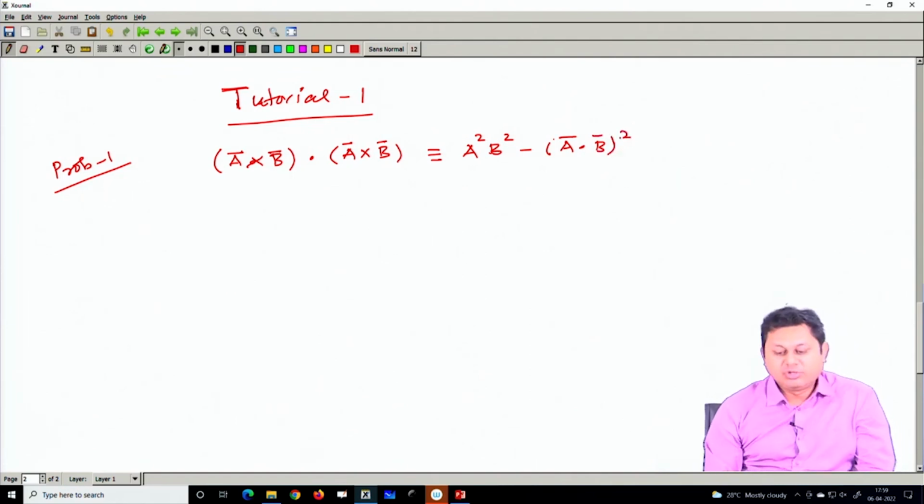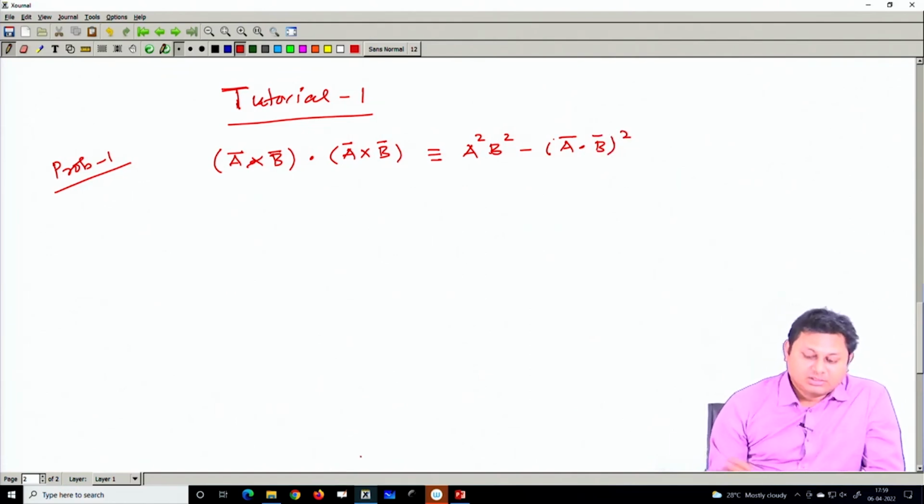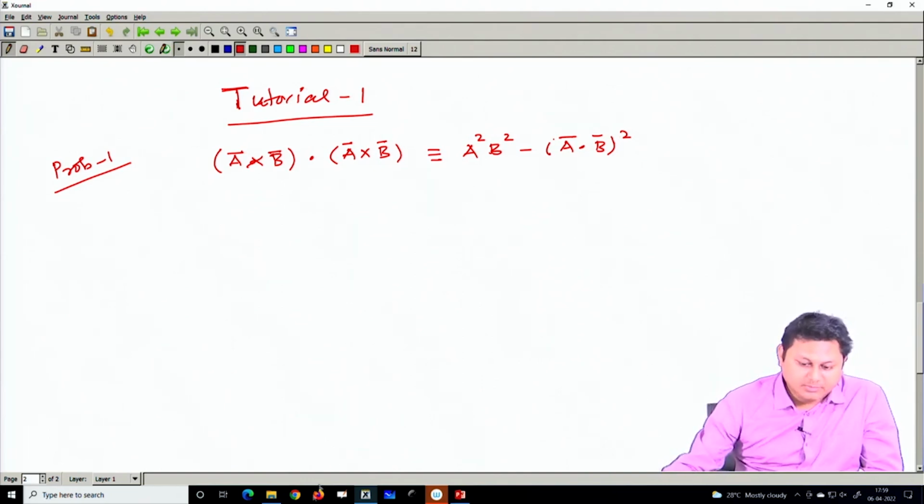A vector identity you need to prove by using the Levi-Civita symbol that we learned in earlier classes. So, let us do that.